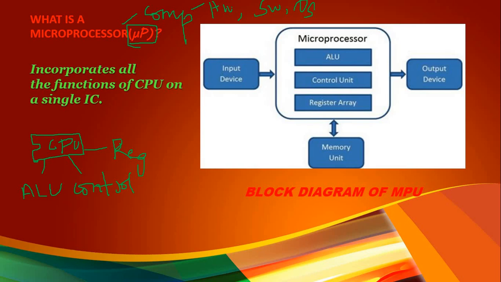In a computer system, where is this microprocessor present? It is present inside the motherboard of a computer. The CPU is called the heart of a computer system.